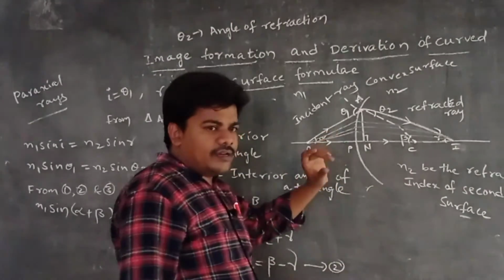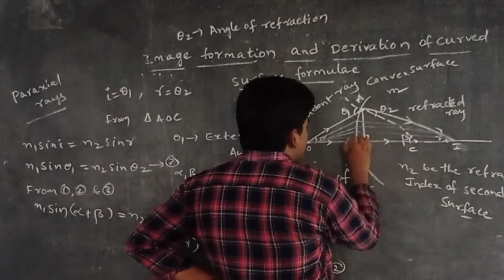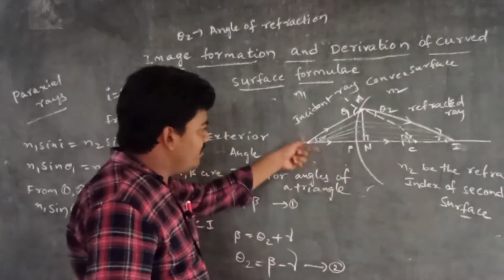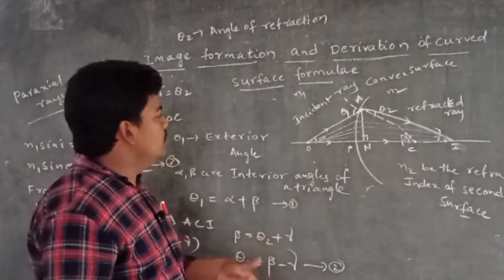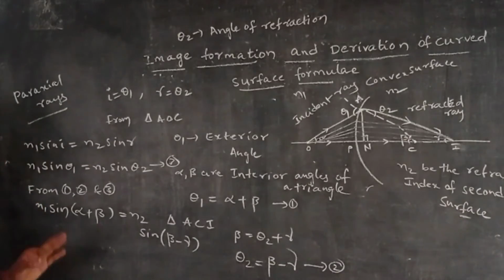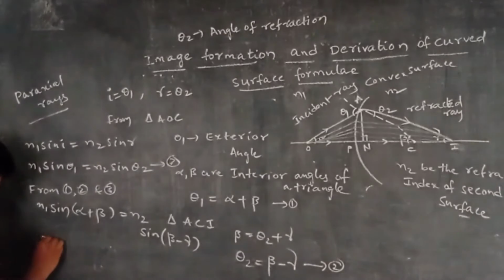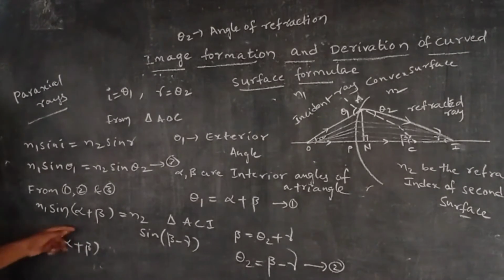For these paraxial rays, at one particular position the light ray does not deviate, and the angle of incidence value is always reducing. So for the least value, sin of alpha plus beta becomes alpha plus beta. For example, it becomes 0.